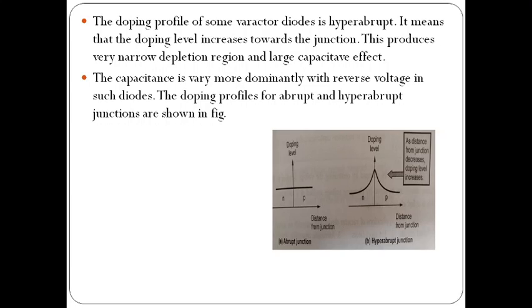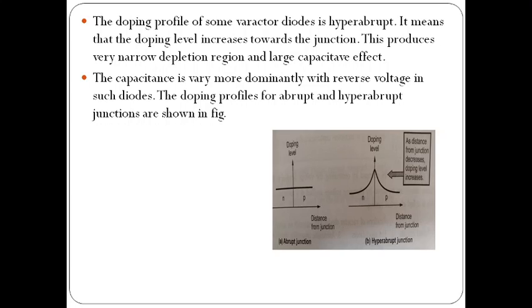In the hyper-abrupt, the doping concentration is more at the junction and it gradually decreases when moving away from the junction. So here the doping concentration is more at the junction. That means the depletion region width is very small.